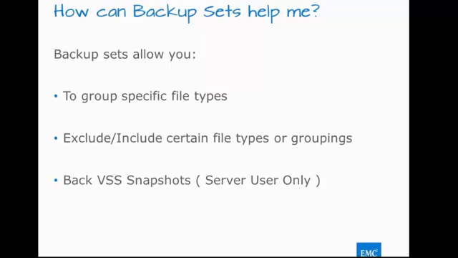So they'll give you a wizard to restore the Exchange server or SQL server or Active Directory using a VSS backup. So there are advantages to using that backup set.